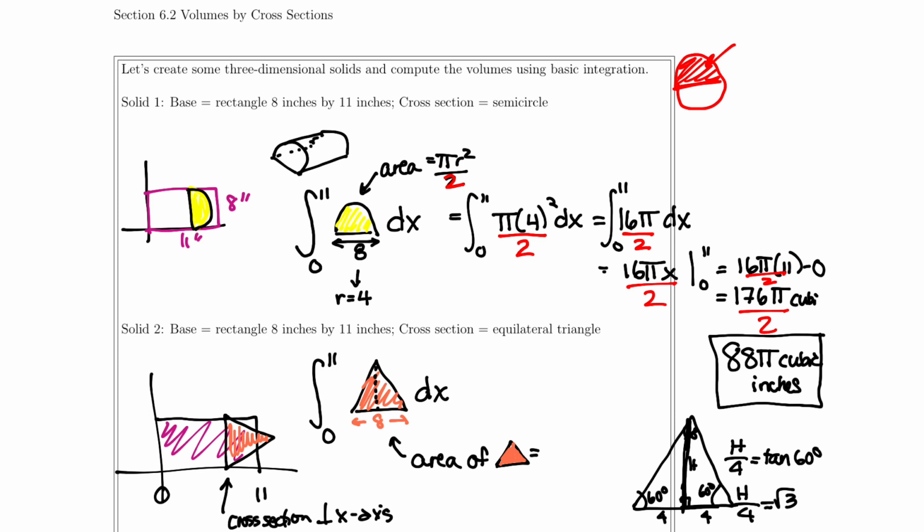In any case, I will tell you one thing. Let me see how this goes. So this area would be 1/2 times 8 times 4 square root of 3, which is just going to give us 16 square root of 3. Is that right? Yes.